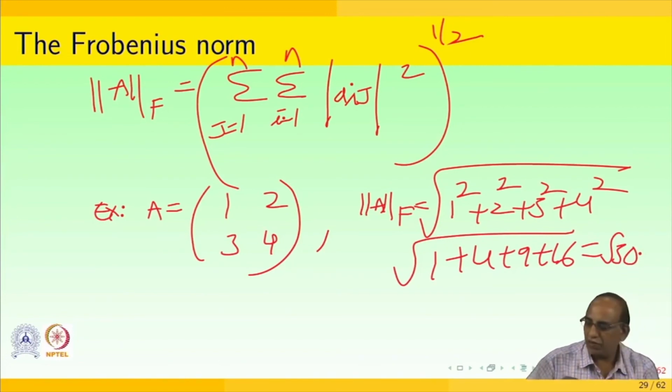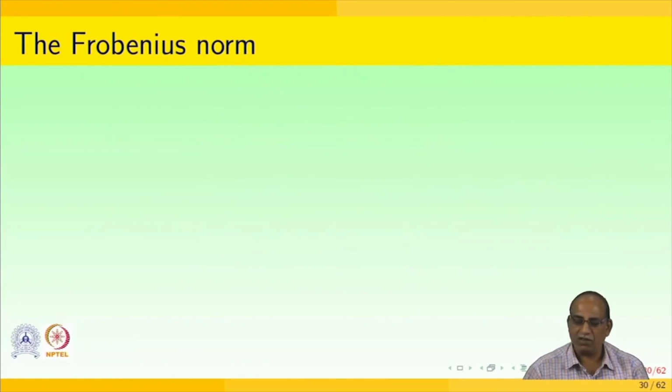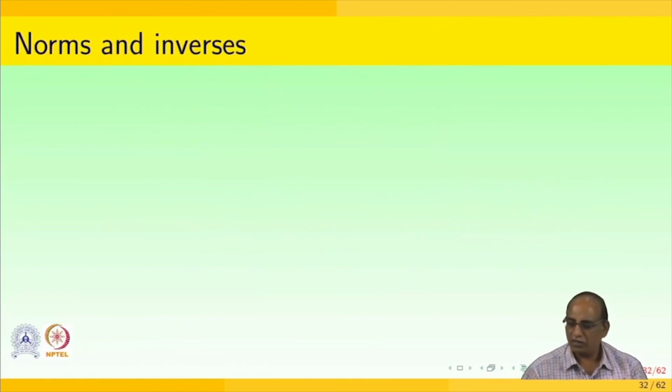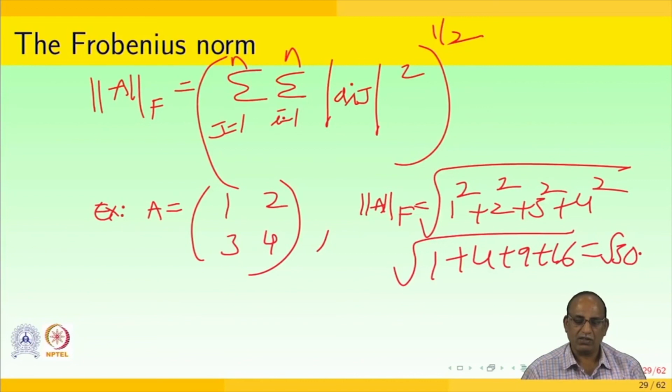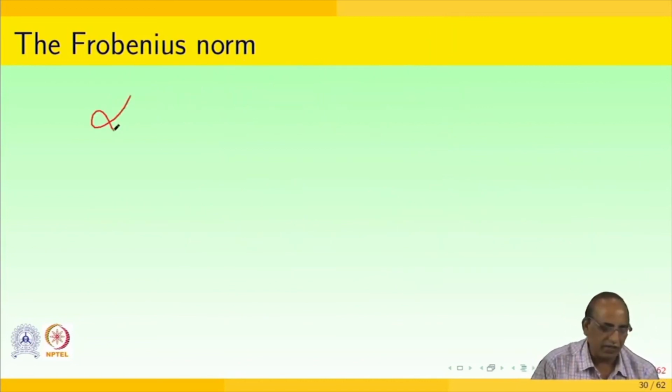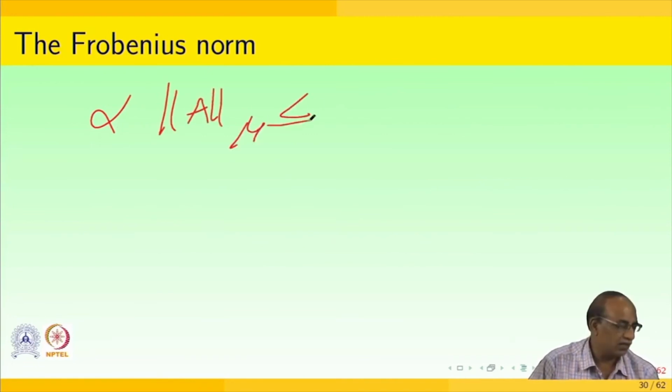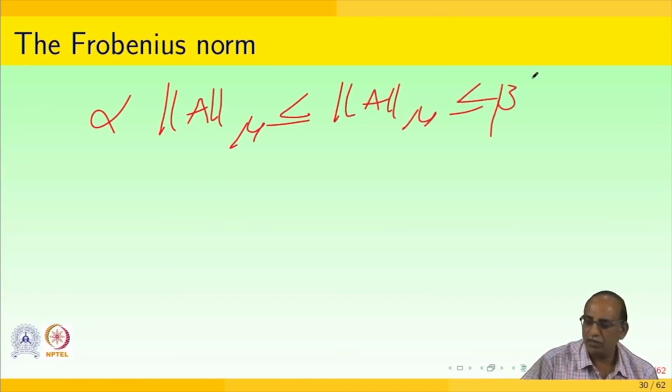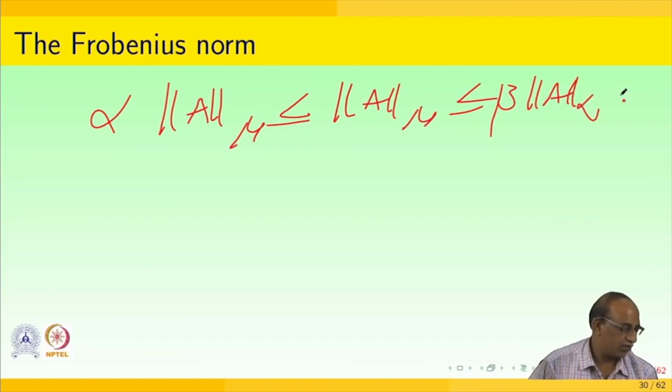A very important property of this Frobenius norm is how it lets us look at these matrices. For instance, alpha times the norm of A can be written as less than or equal to the norm of A, which is less than or equal to beta times the norm of A. Similarly, there are other applications of the norm and its inverses.